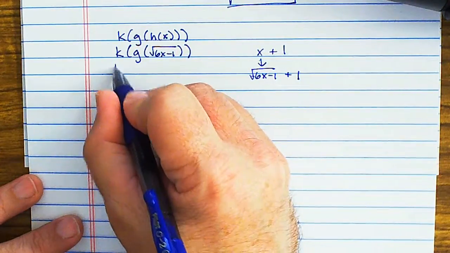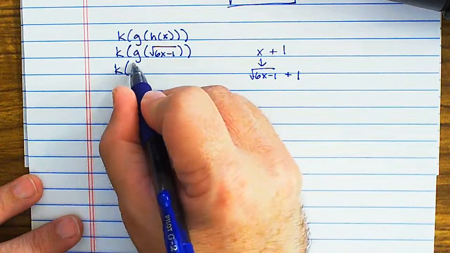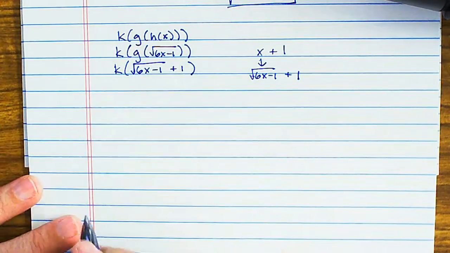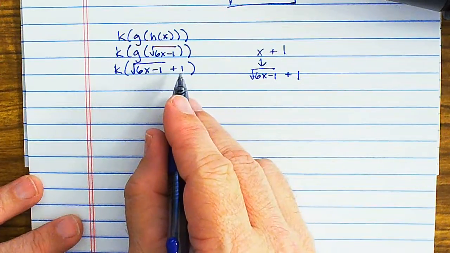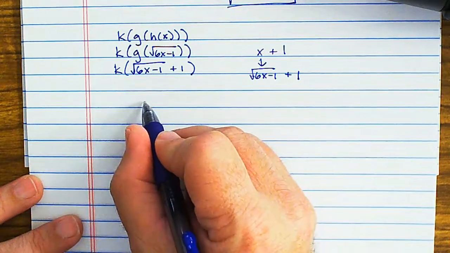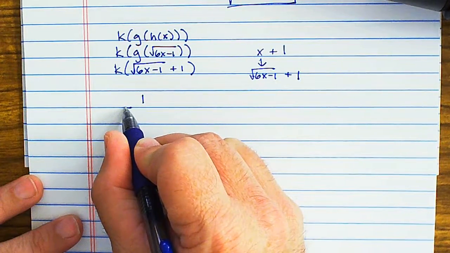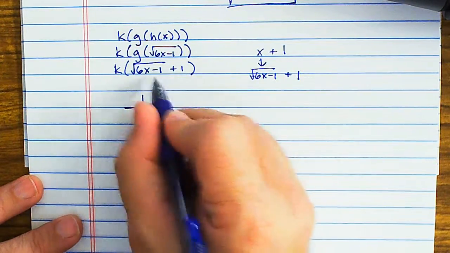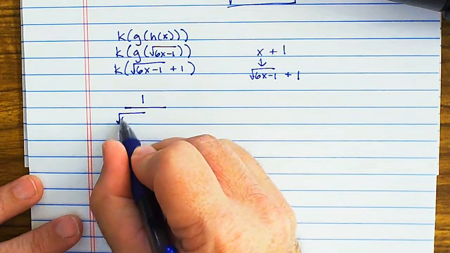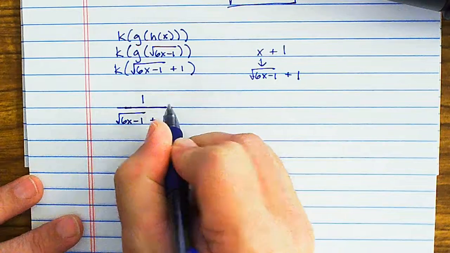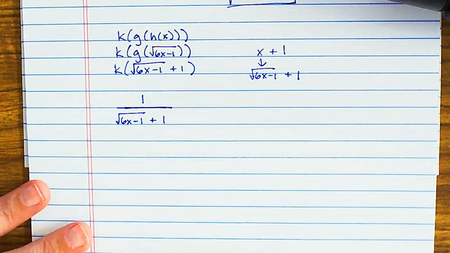So that's k of the square root of 6x minus 1 plus 1. Now we're going to put that into the k equation, which is 1 over x. So 1 over, we're going to replace this into x, the square root of 6x minus 1 plus 1, like that.